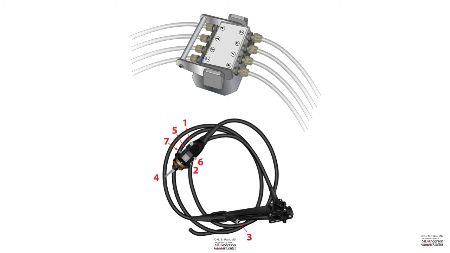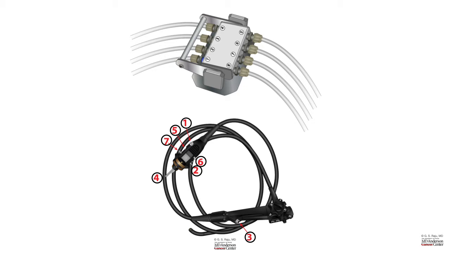A EGD scope will have a particular set of adapters. Colonoscope will have a different set of adapters. So make sure you pick the right adapter for that particular scope. And then make sure they're all connected properly and securely. A loose connection may not work.